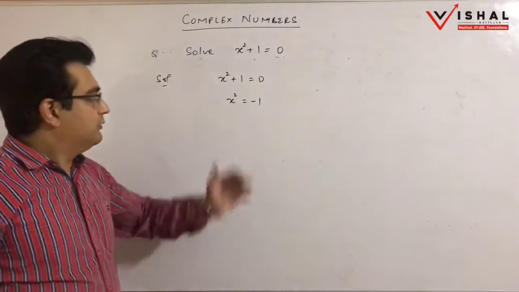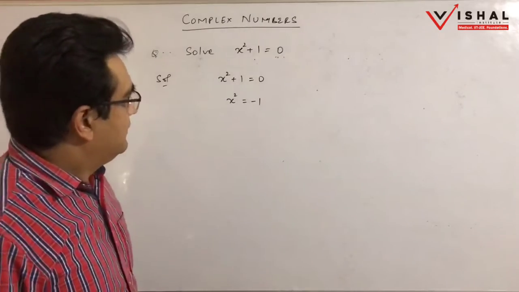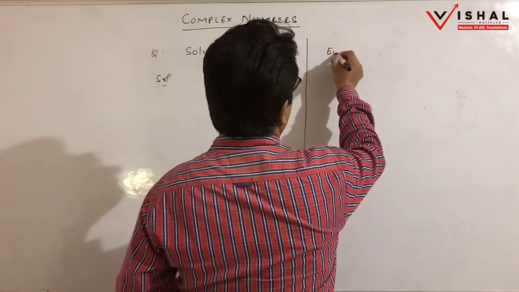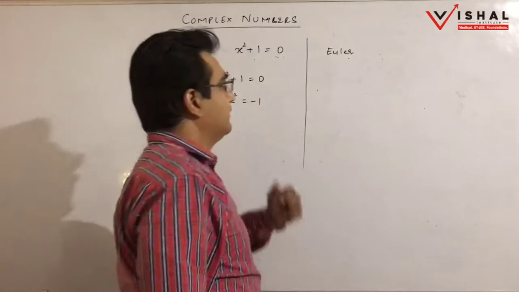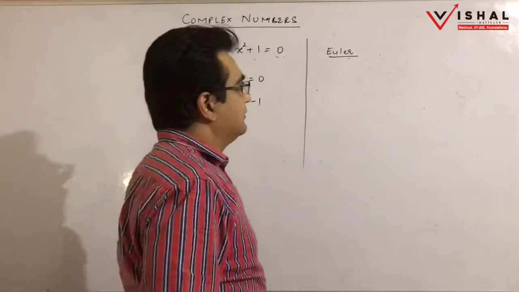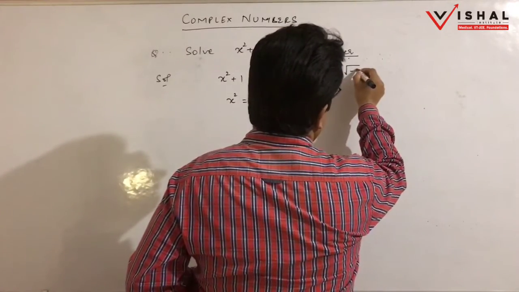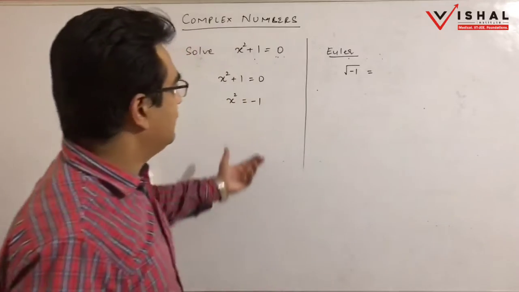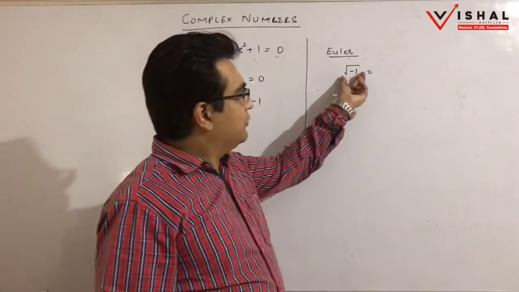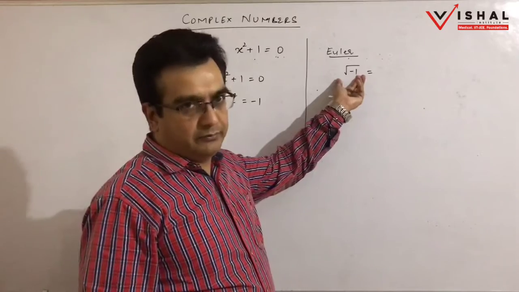So for solving such kind of equations, there was a mathematician, Euler. He developed a technique of solving such equations. Euler took a number, under root of -1. This is the simplest imaginary number.